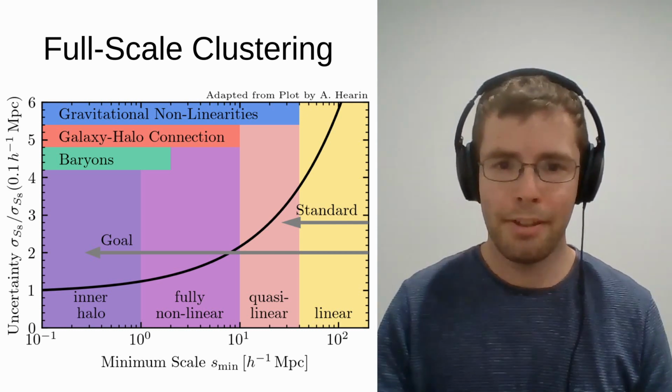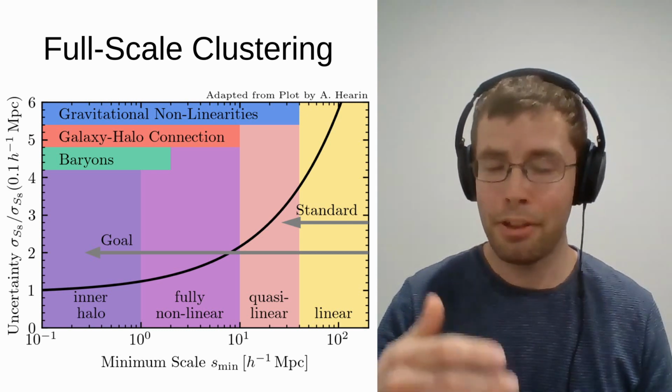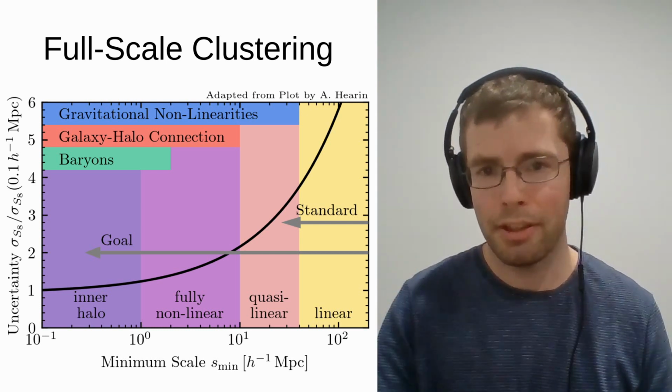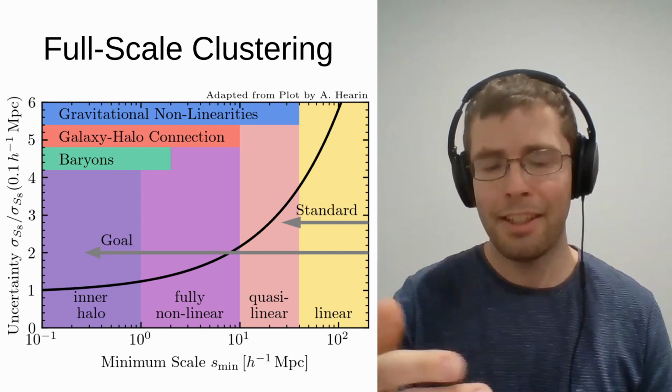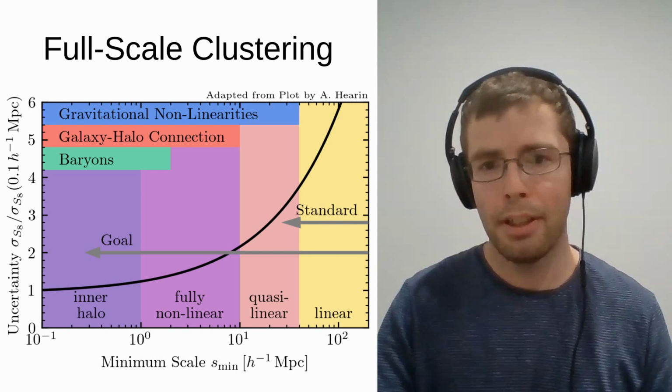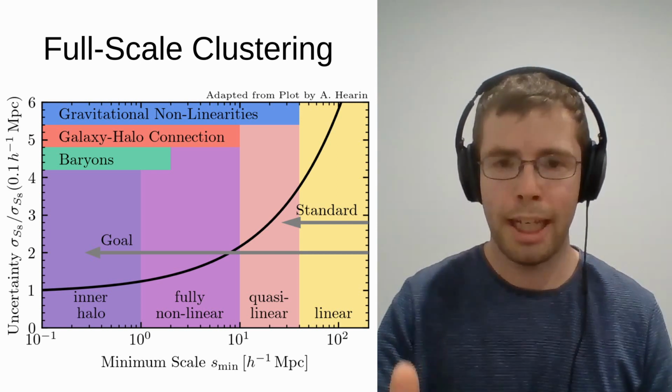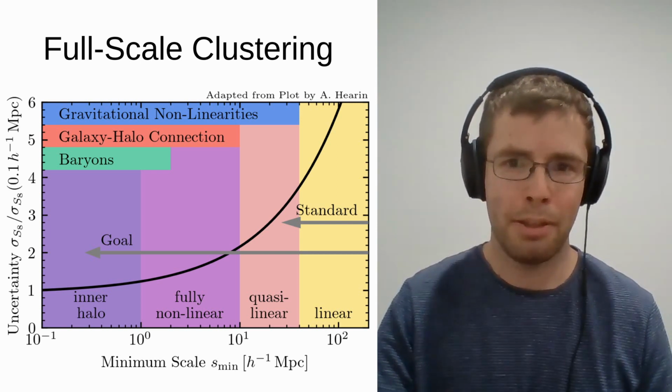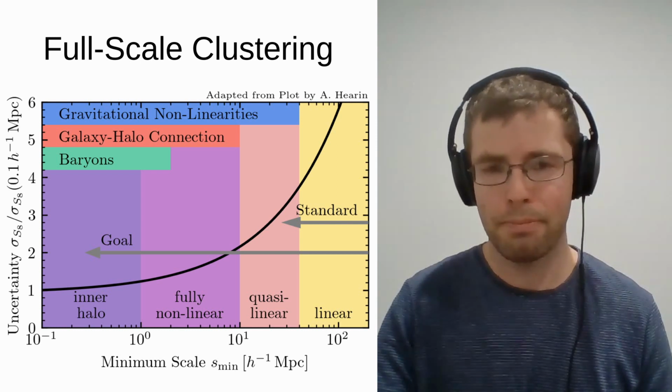If we want to push analysis down to smaller scales, we encounter additional complications. So the density contrast will increase, and eventually you encounter gravitational nonlinearities, which means perturbative approaches will break down, and we have to run expensive n-body simulations of cosmic structure formation.